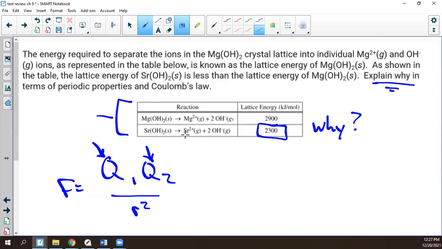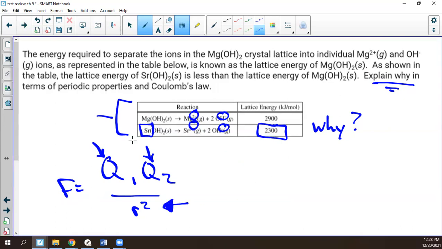Have the charges of these things changed? No. So this must be testing your knowledge about the denominator. So what must be different between them is that strontium is larger. It's a larger atom. It has more shells. Since strontium is bigger than magnesium, the distance between the two charges is larger. The force is smaller.